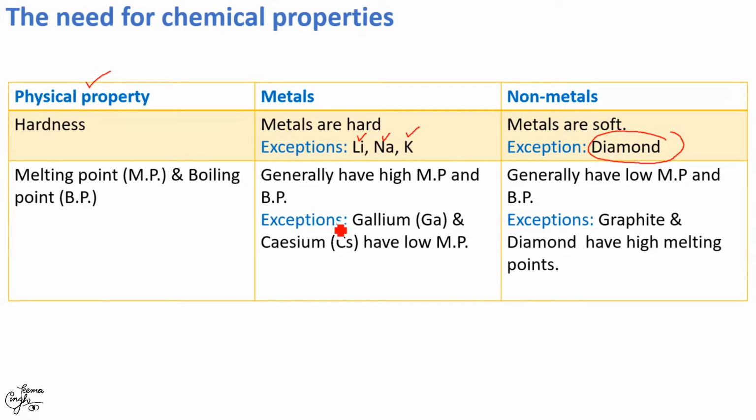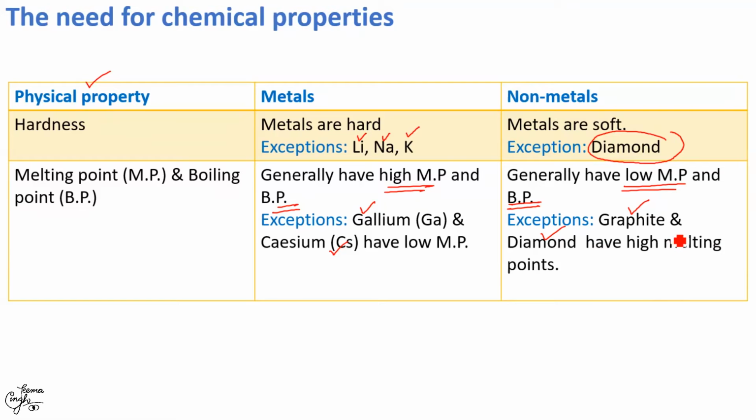Similarly, metals are said to possess high melting point and boiling point. But metals such as gallium and cesium can melt by the heat provided by our palms. On the other hand, non-metals are said to possess low melting point and boiling point. But graphite and diamond have very high melting points.